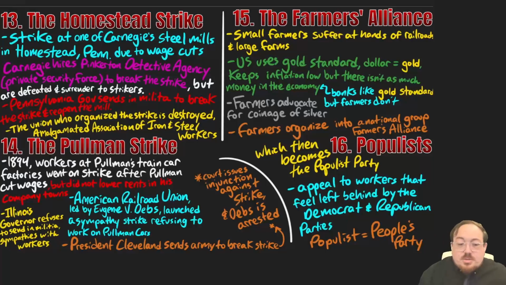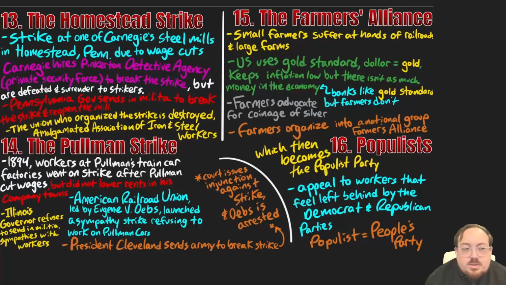But once again, it shows that these people can come together and they can fight and they can begin to make some progress. And so this is one of the first times where, even though they are not completely successful, they do manage to fight back.